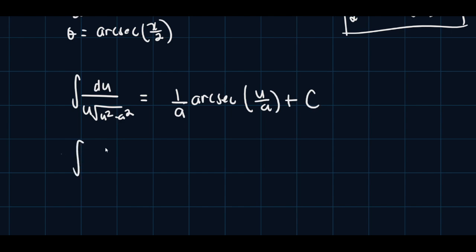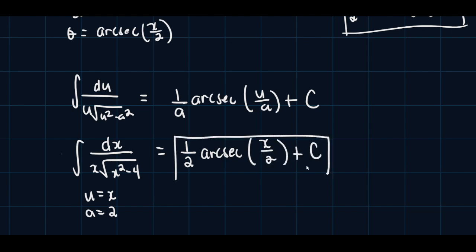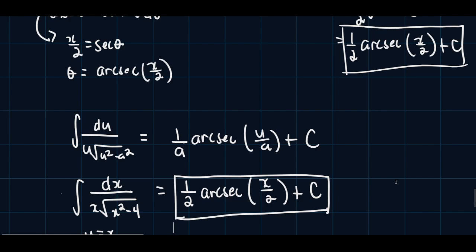So yung ating integral was dx over x square root of x squared minus 4. U is equal to x and a is 2. So we have 1 over a arcsecant of u over a plus c. Okay, which is the same as what we solved using the substitution.